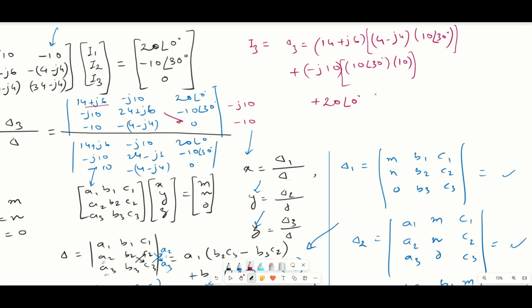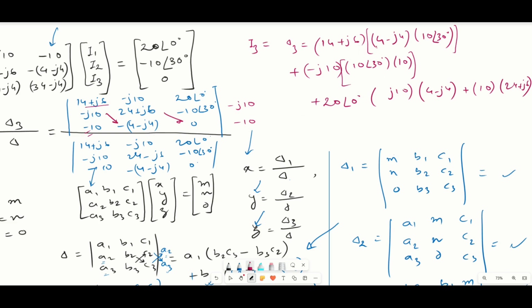So this will be minus j10, minus and minus will get cancelled, so this minus will not be there, so this will be j10 into 4 minus j4, then minus, and that minus and this minus will get cancelled, so minus minus plus, so it will be 10 into 24 plus j6.